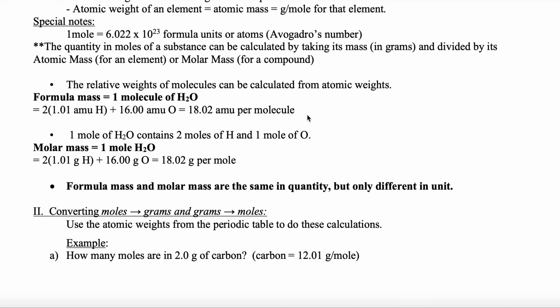Now, if we do that for 6.022 times 10 to the 23 molecules, called 1 mole, it's called a molar mass. And the molar mass is the same quantity, 18.02, except the unit is grams per mole. Grams is something we can work with.